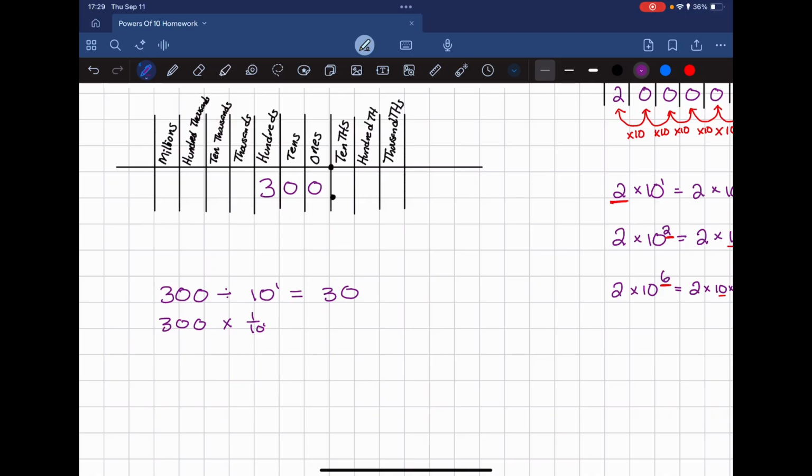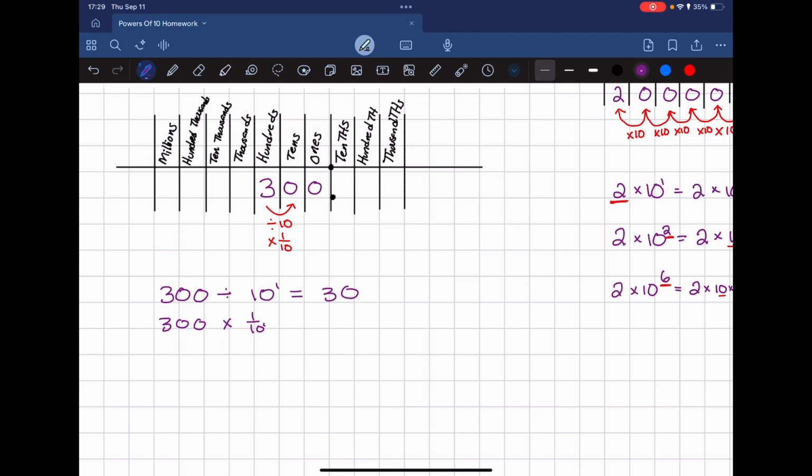Your child must know that 10 to the first power is a one-time shift, and since it is a one-time shift, we are dividing. When we divide, we are taking this value and moving it, this time, to the right. We are either dividing by 10 or multiplying by the fraction 1/10. In the same way, there is that one shift there.